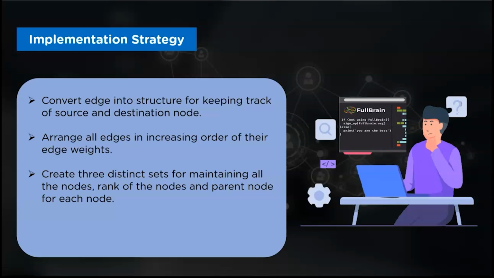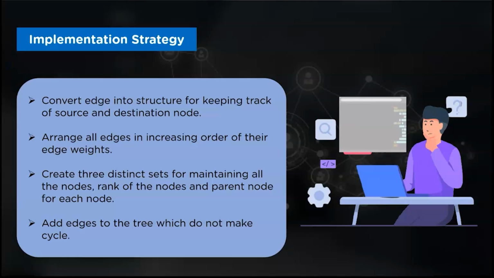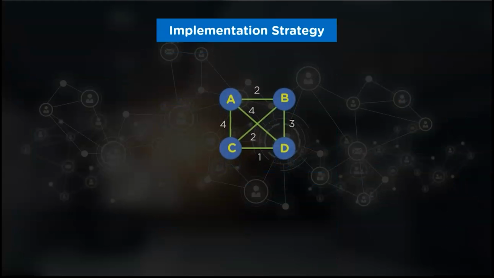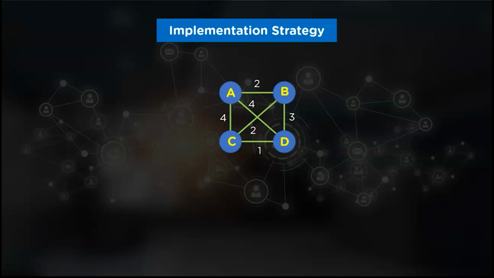For each insertion of an edge in MST, we'll update the rank and parent of each node. If the two nodes have the same parent node, then we will not insert the edge joining them, as it will generate a cycle in the tree structure. Let's understand all these steps with the help of an example.